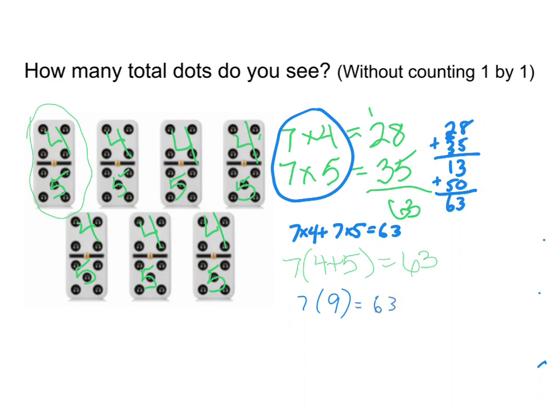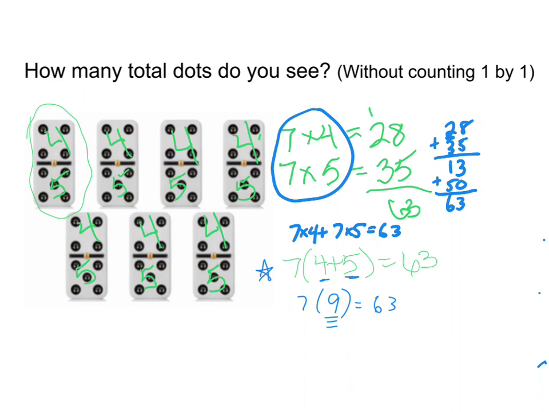What's kind of neat here is that in the writing we've done up here, this 7 times 9, which we know was 63, you took the 9, looked at a domino, and saw it as 4 dots plus 5 dots, which gives us those 9. So when you wrote your sentence, you took the number 9 and broke it apart into 2 different numbers, 4 plus 5. And the distributive property allows us to do that.